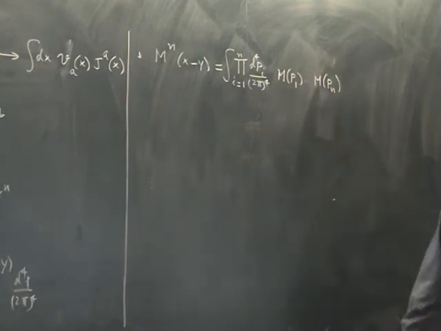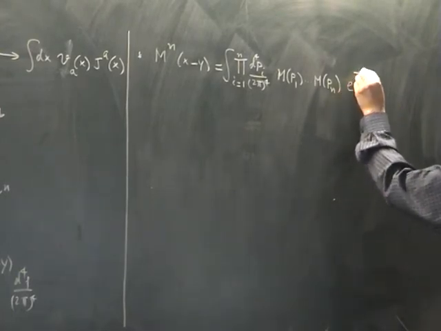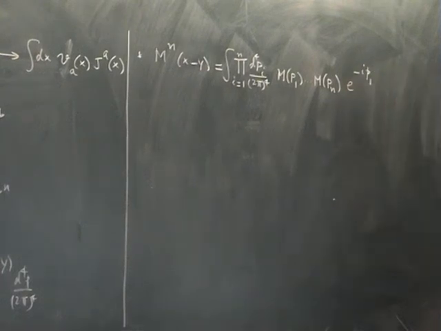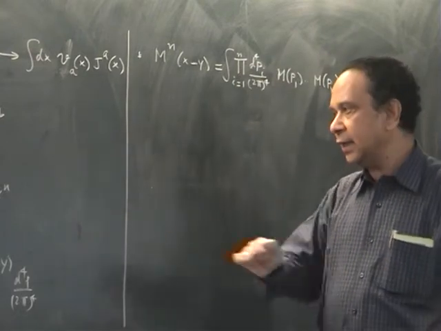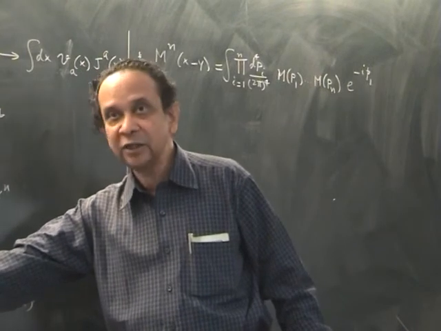That is fine. Then each one of them will come with an e to the minus i p1. Now we have to be a bit careful. So what does that product mean? The product means that you start at the left end, which is, these are indices. Think of it as m x y.